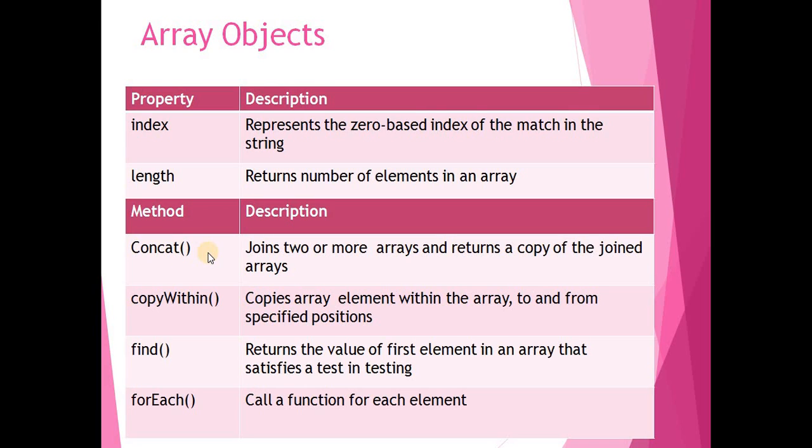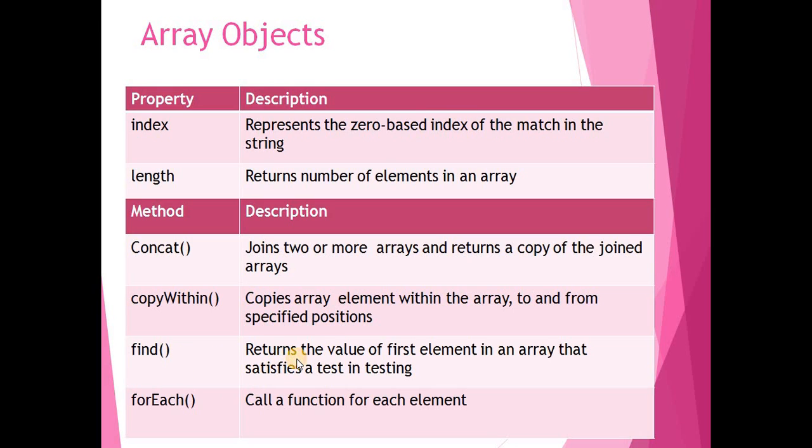Methods. First method, concat. Concat is going to join two arrays and make a single copy of it. Then copyWithin. CopyWithin allows you to copy some of the elements of an array to a different position. Okay, so within the array you can copy elements. Find. In find you have to provide one condition.